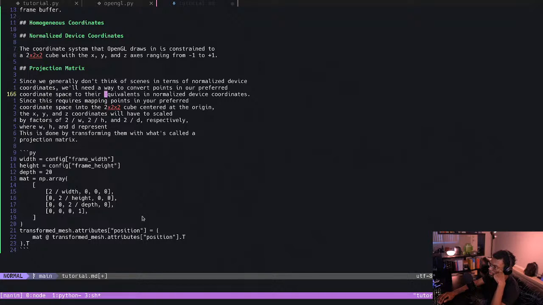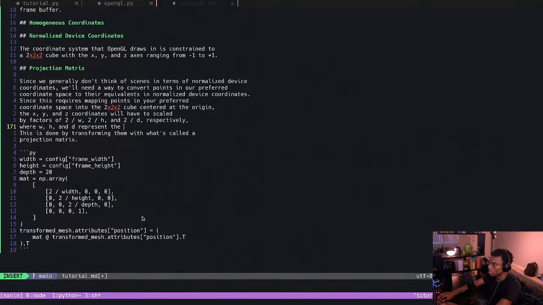So equivalence in normalized device coordinates, which requires mapping points in your preferred coordinate space to this cube centered at the origin. Although, yeah, okay. The equivalence in normalized device coordinates. I guess all of this is true. You'll still have to do these scales no matter what.